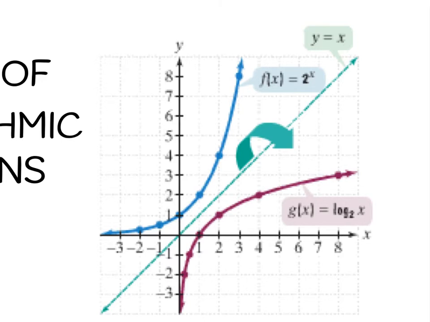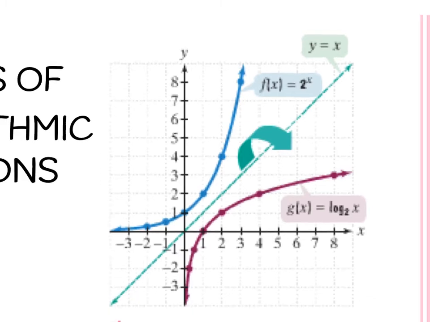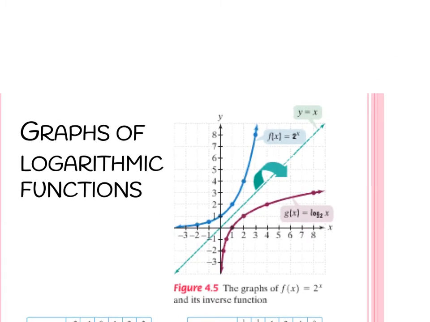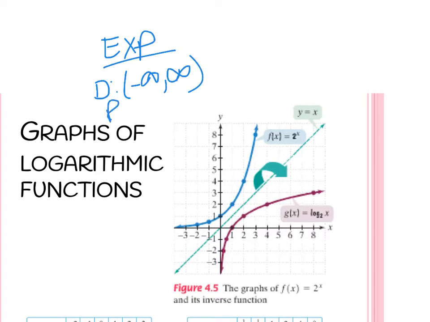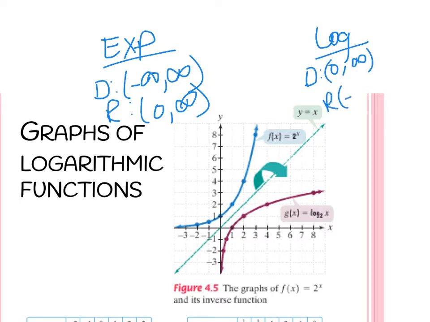It's 0 to infinity. It just switches. We talked about this at the beginning. Look, I have exponential. My domain is negative infinity to positive infinity. My range is 0 to infinity. In my logs, it's switched. Your domain is 0 to infinity, and your range is negative infinity to positive infinity.